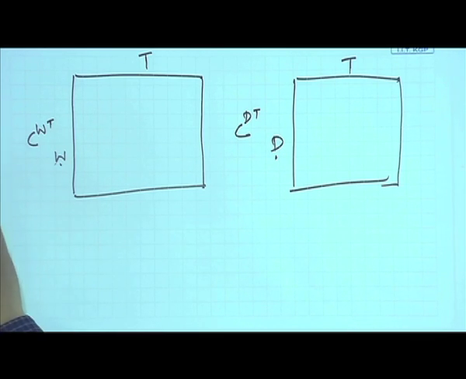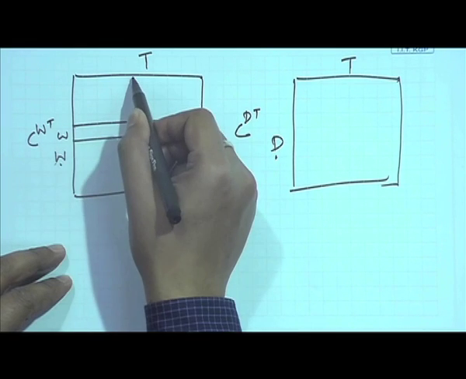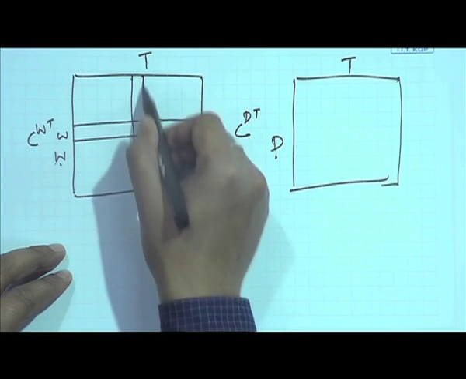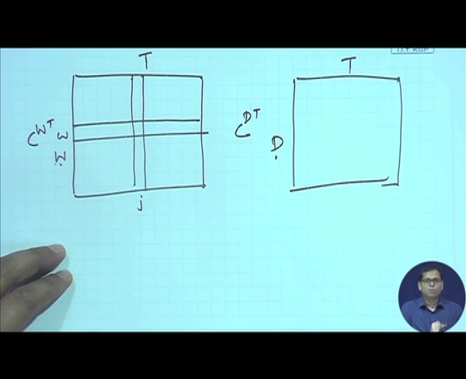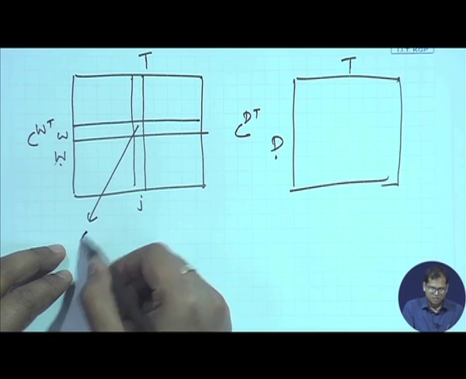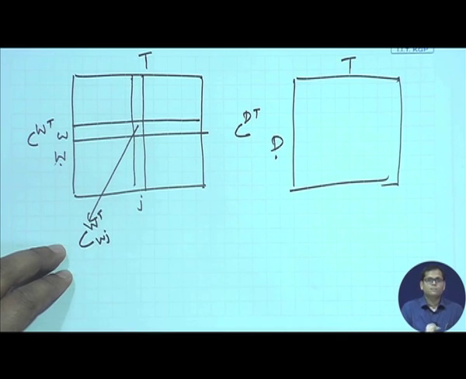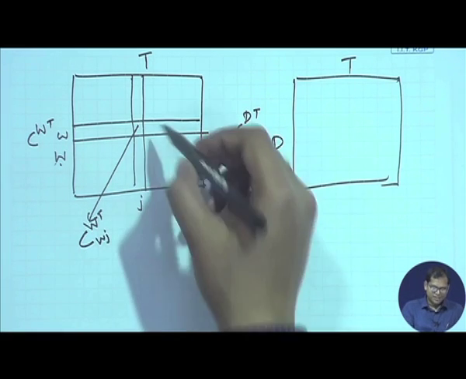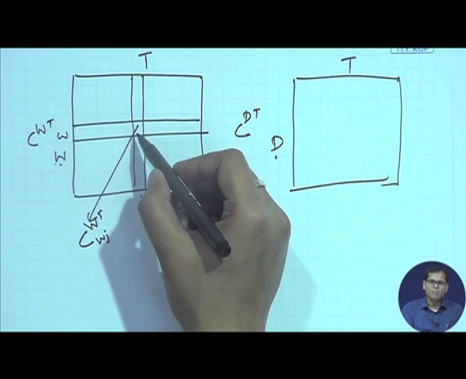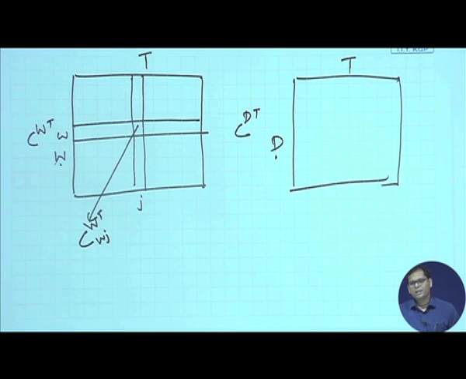So C_WT_wj, that is, I take the word w and topic j. This element contains the number of times word w is assigned to topic j, not including the current instance.